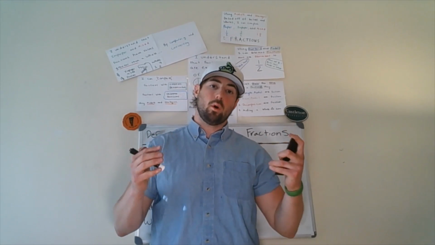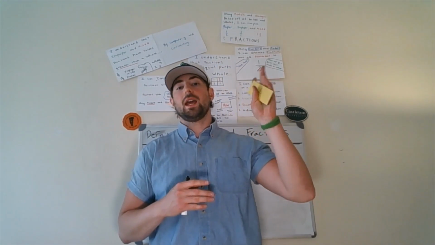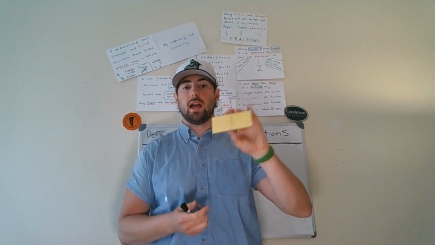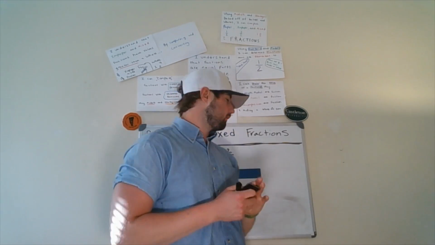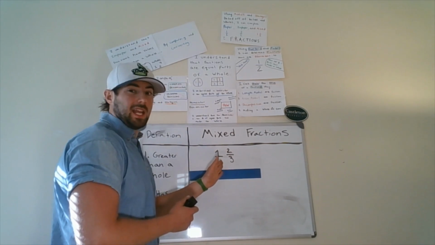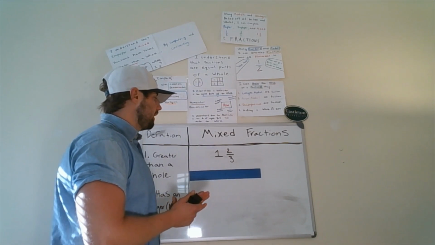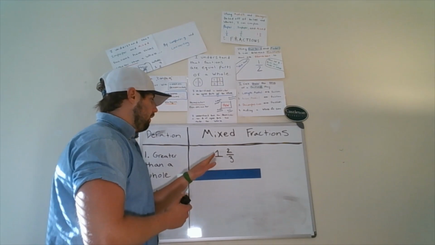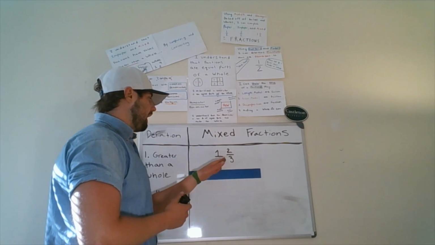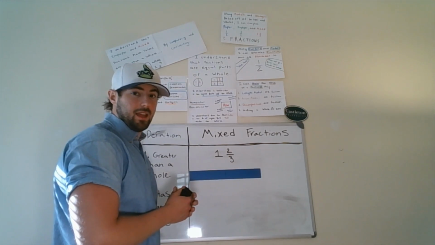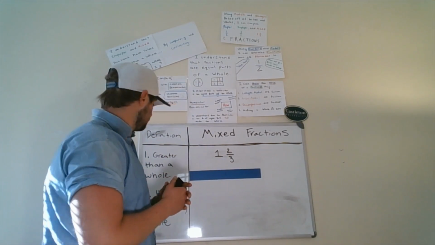Let's take a look at one more example for a mixed number or a mixed fraction. Taking a look at those thirds. Our mixed fraction is 1 and 2/3. It is 2/3 greater than a whole. Altogether, 1 and 2/3. A whole with a fraction more.